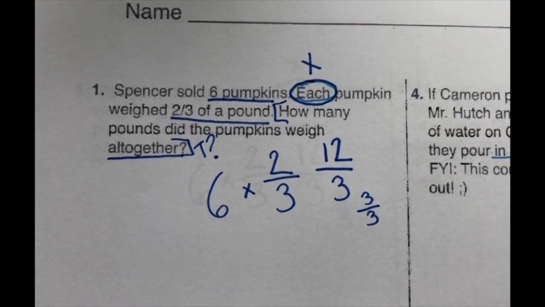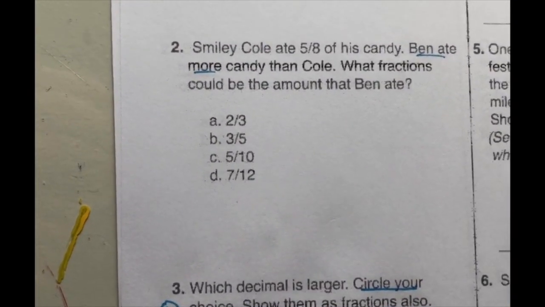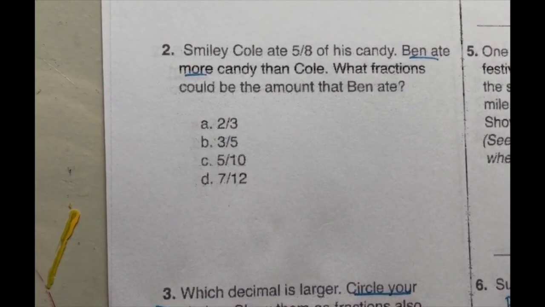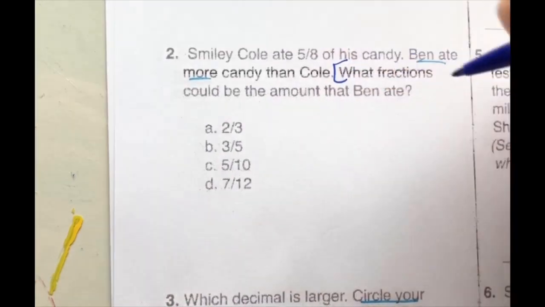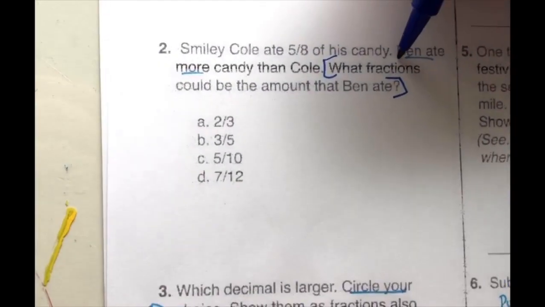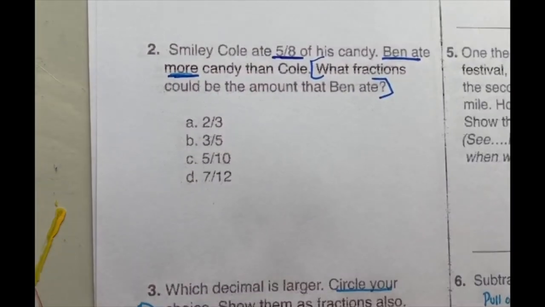All right, let's go down to number 2. It says, Cole ate 5/8 of his candy. Ben ate more candy than Cole. What fractions could be the amount that Ben ate? All right, bracket the question. And we know Ben ate more candy than Cole did, and Cole ate 5/8 of his candy.